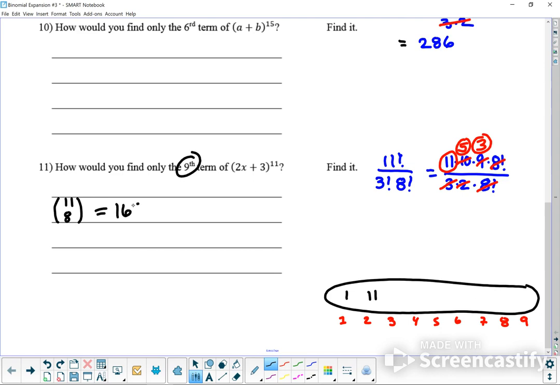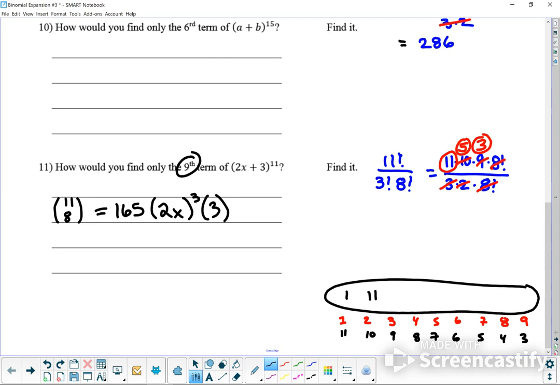Okay, but I also have that 2x. And remember, it starts off with 11, so this will be 2x to the 11th, and then 10, 9, 8, 7, 6, 5, 4, 3. So it'll be 2x to the third power, which means that I will have my 3. And then I can count backwards on that, but we know that my powers are always going to add up to be 11.